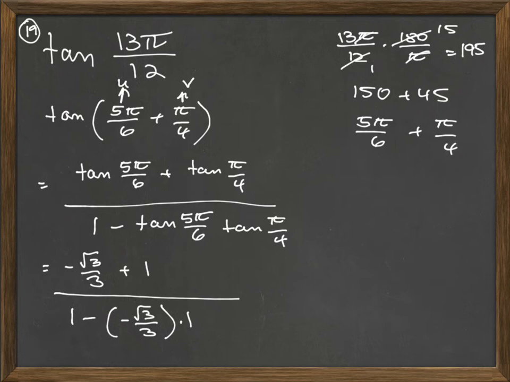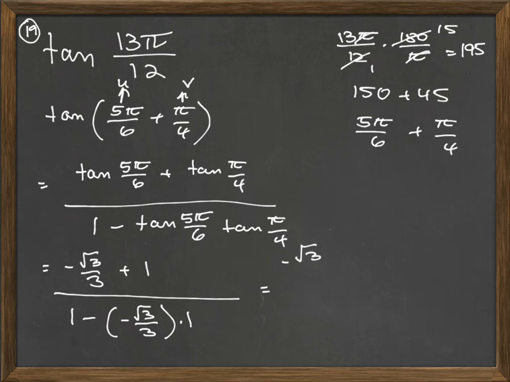Do the math. Fractions, same denominator. So, negative square root of 3 over 3 plus 3 over 3, what is that? Complex fractions, remember when you did them?